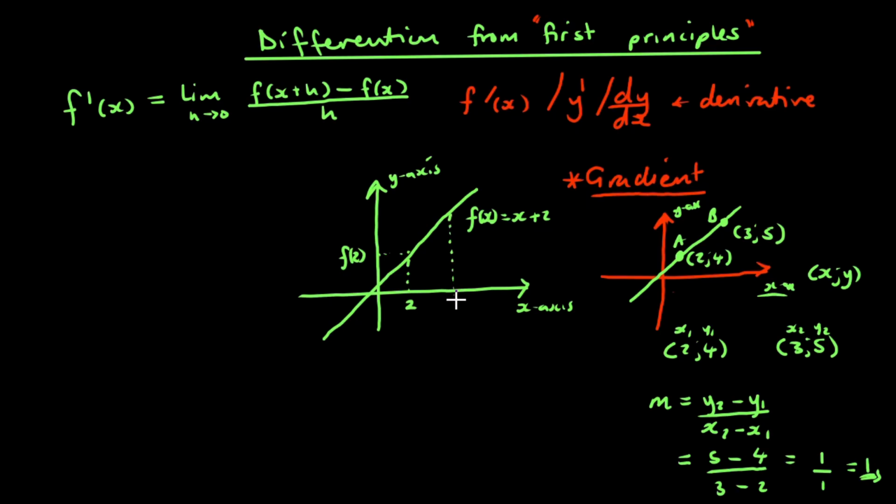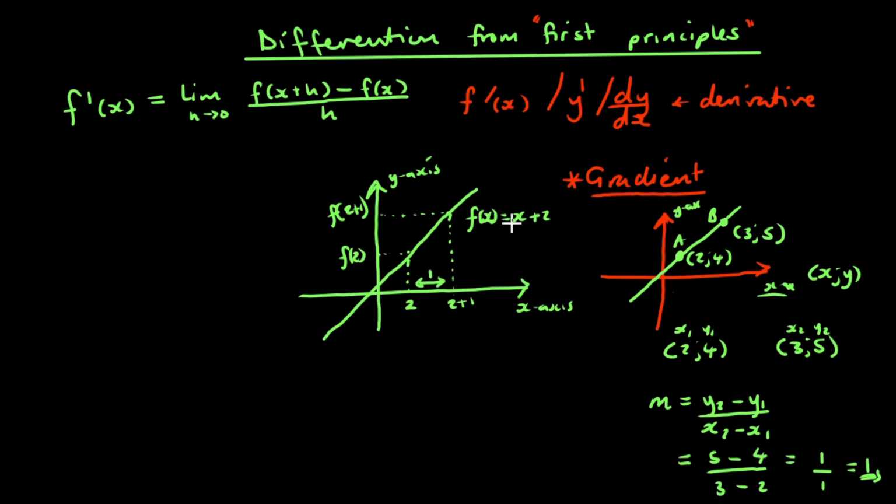If I have another point here, let's say I go to the right by 1. This will be 2 plus 1, which is equal to 3, and here I will plug it in the function again. Very important for us to understand what's happening here. We just have this 2, and we are plugging that 2 in the function to get the answer here.